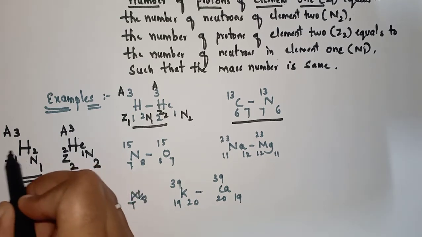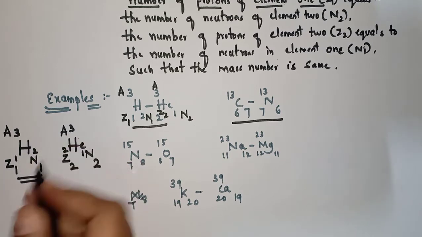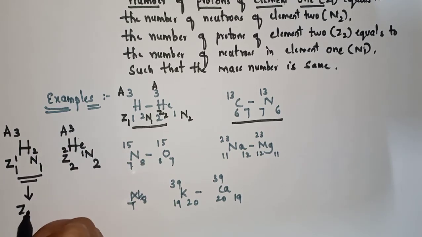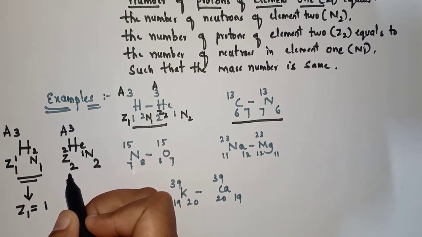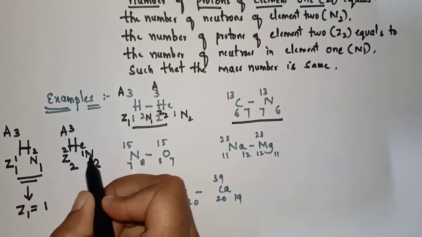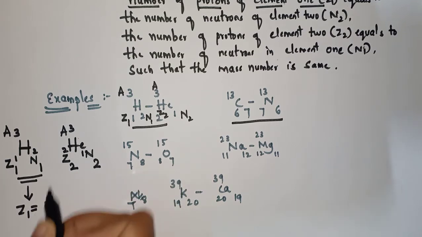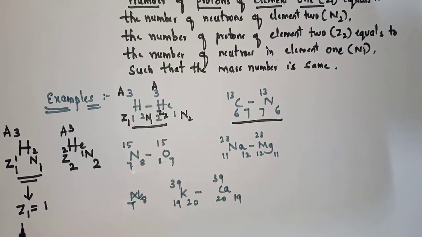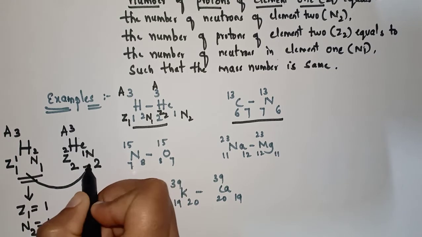The number of protons is represented by Z. So Z1 is 1 in element 1, and it equals the number of neutrons in element 2. For helium, the number of neutrons is 1. So Z1 and N2 are equal.